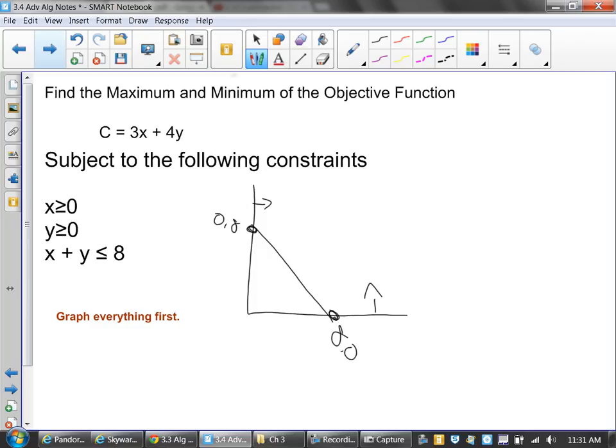Is that shading outward or inward? Inward. Because that line didn't go through the origin, so I used my test point 0, 0, and it was true. So does everybody see how you basically graph a triangle?